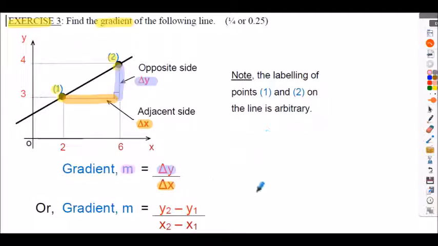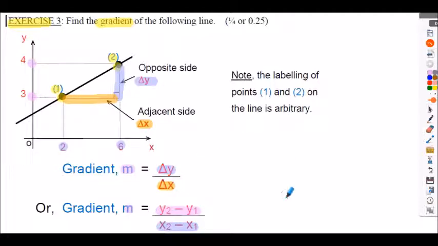An alternative, and I think preferable way of working out the gradient of a line m is to use this equation shown here. y2 minus y1, so that's the y coordinate for point 2, take away the y coordinate for point 1, divided by x2 minus x1, where that's the x coordinate for point 2, subtract the x coordinate for point 1.